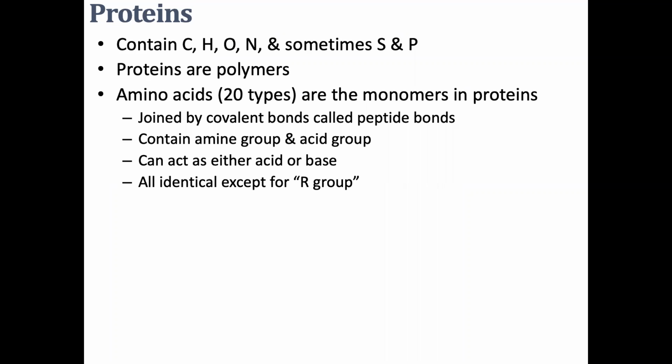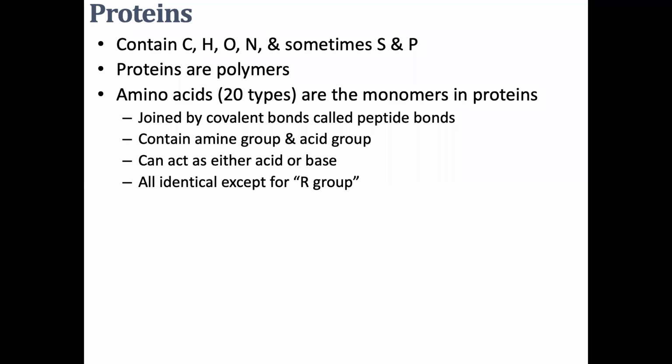They get that name because the nitrogen group on one end is called an amino group, and on the other end of the building block there's a carboxylic acid group. So amino acid describes basically the backbone of the building block.